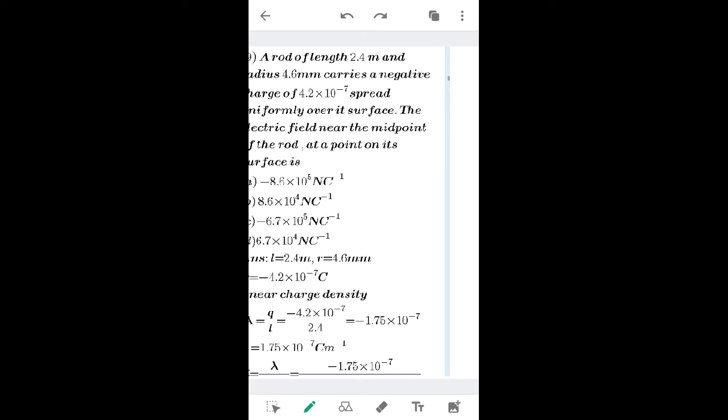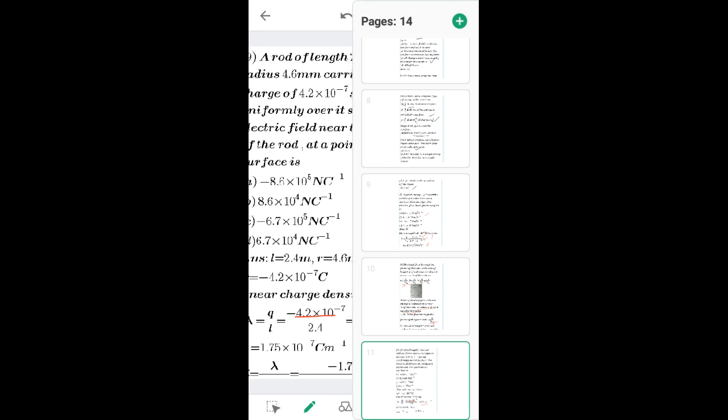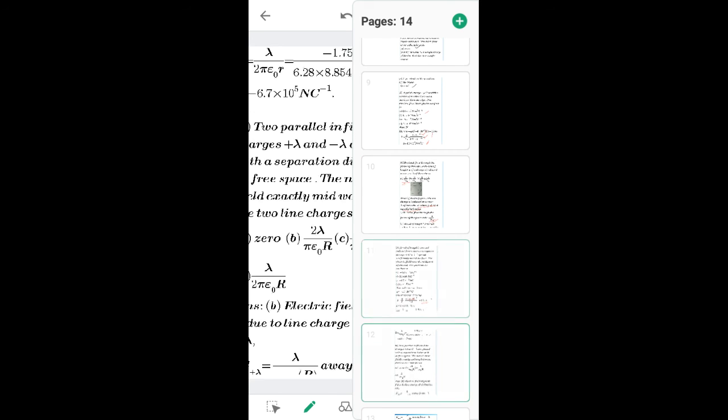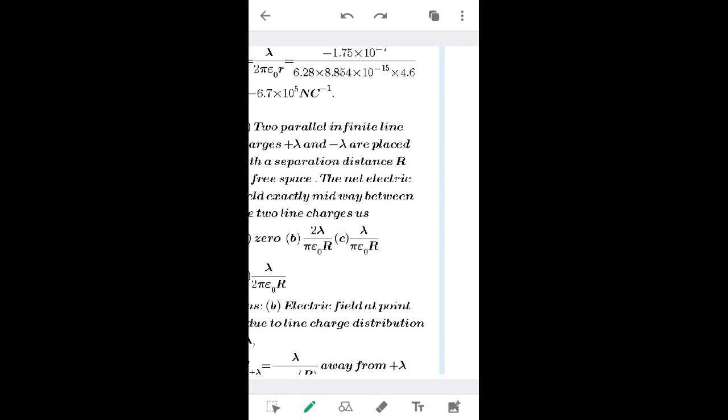So minus 4.2 into 10 raised to minus 7 divided by 2.4. So this will be minus 1.575 into 10 raised to minus 9 coulomb per meter. Now, the electric field equal to lambda by 2 pi epsilon naught r is the formula.